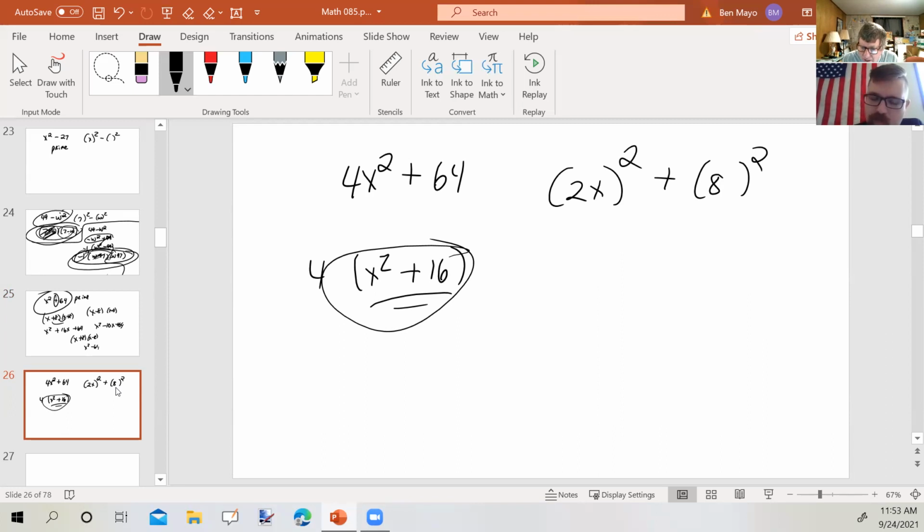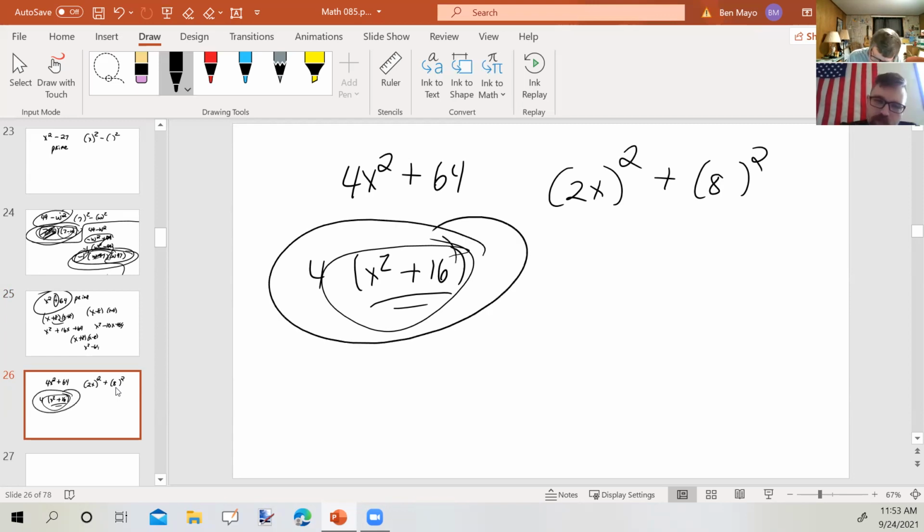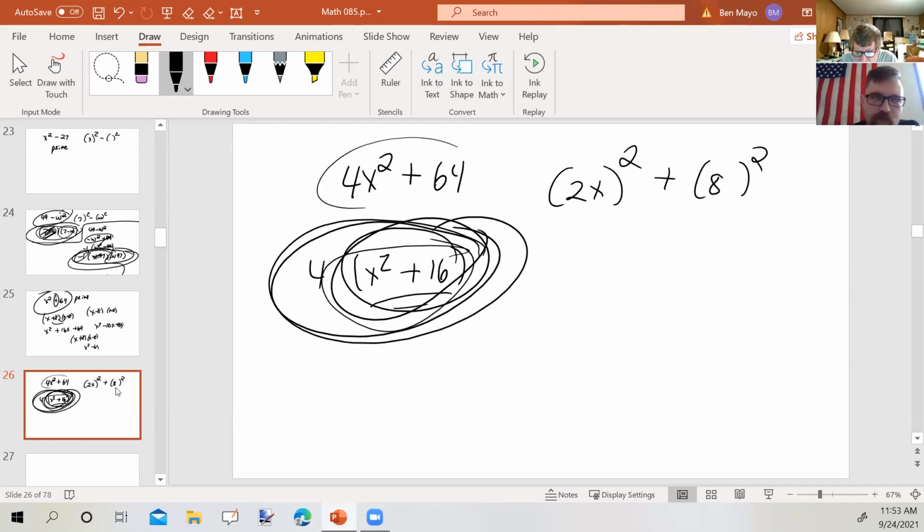This is not a prime polynomial, though, because I did factor it. This piece doesn't factor any further, but because I factored it, taking out the greatest common factor, it's not a prime polynomial. It's only prime if you can't do anything to it. So be careful with that. I saw there were some questions yesterday students were asking, and that's the mistake they were making.